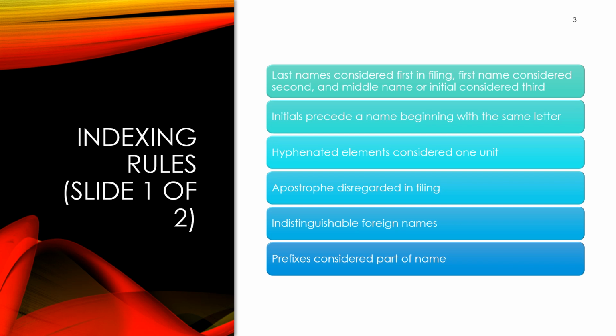If you have hyphenated parts of a name, we consider that as all one word. If there's an apostrophe, we disregard it. We just pretend it's not even there.